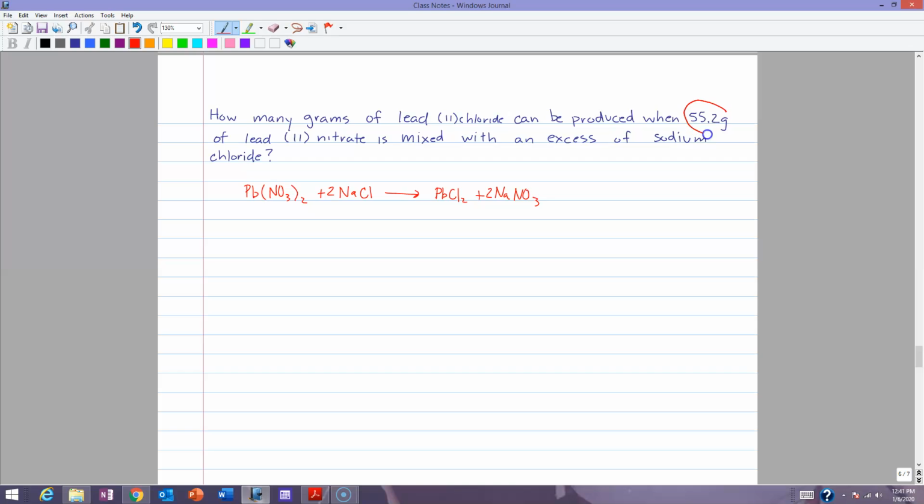Now, I'm going to look in my problem for the number. My number is 55.2 grams, and it's 55.2 grams of lead 2 nitrate. So that's where my mole map is going to start. I'm in grams, so I have to first convert to moles of lead 2 nitrate.